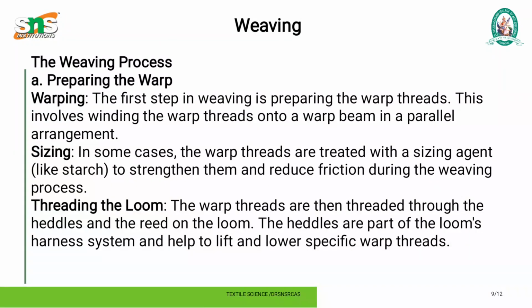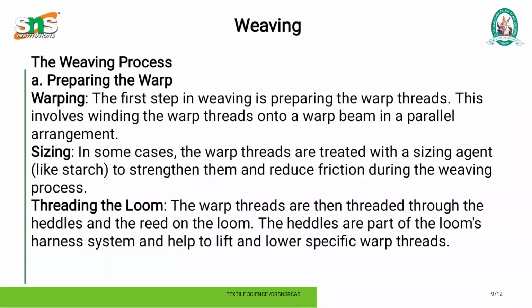Weaving, the process, preparing the warp. Warping, the first step in weaving, is preparing the warp threads. This involves winding the warp threads onto a warp beam in a parallel arrangement. Sizing.